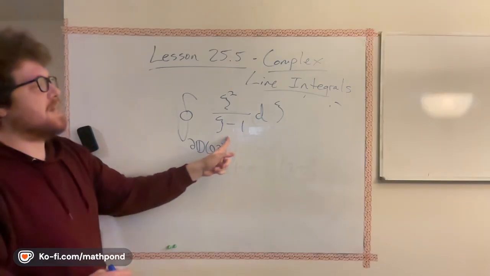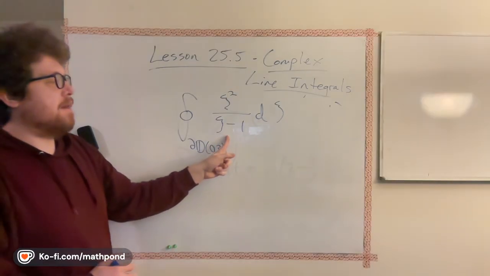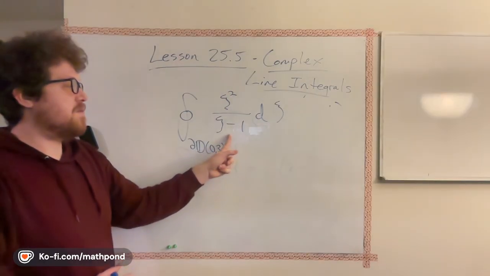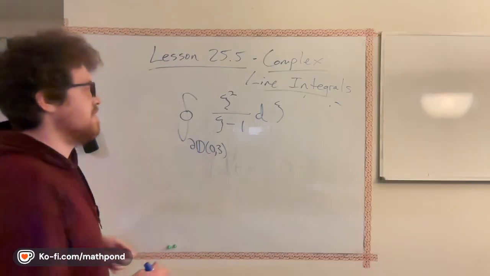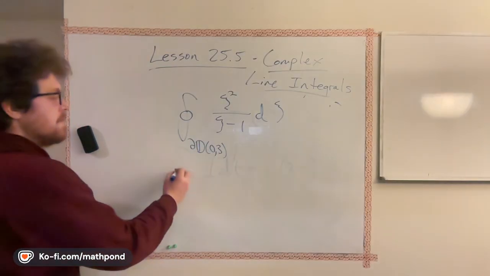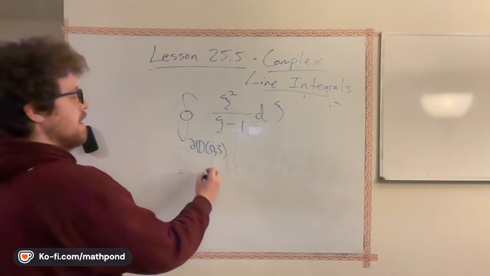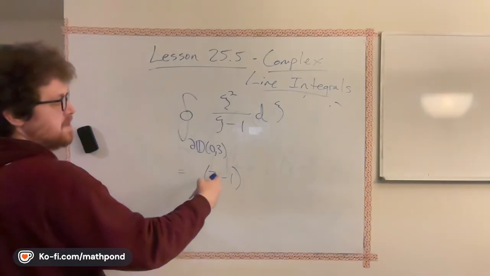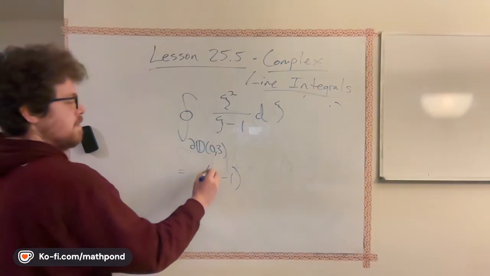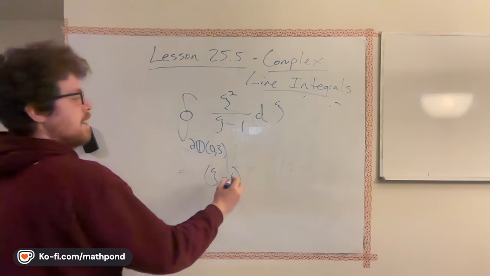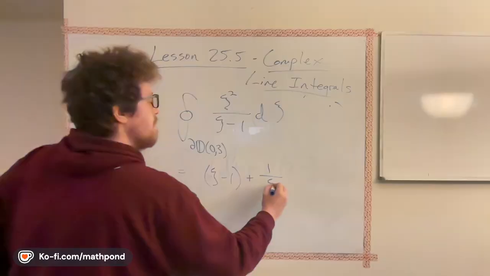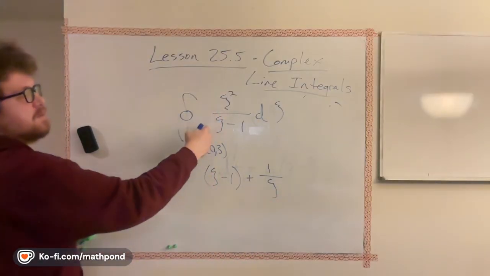And the idea was that we have this -1 on the bottom here. We don't know how to deal with that very efficiently. So we wanted to be able to rewrite this as zeta minus 1 plus 1 over zeta, because that's what we get when we do long division here.